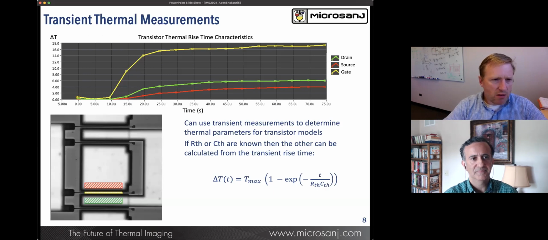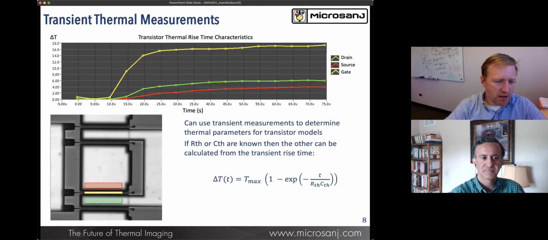What we can do now with the Microsanj system is determine areas of interest where we want to see the temperature. And you'll see in the bottom left-hand corner here, we have 3 areas. You can define these areas. They could be individual pixels, or you could have an area, or you could look at all the pixels simultaneously.